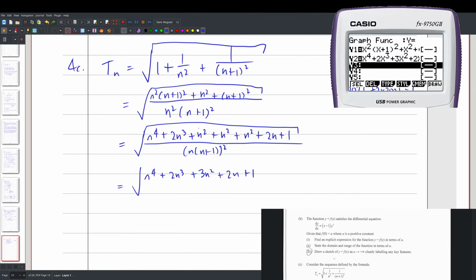Because like if you go n plus 2 squared... Oh no, it's the square root of this, isn't it? Whoops. It ends up as like the square root of this. See, adding square roots is always kind of sus.